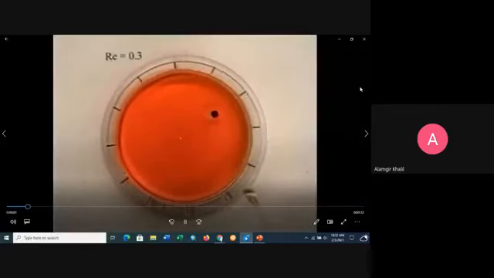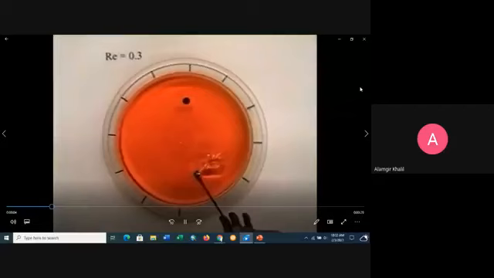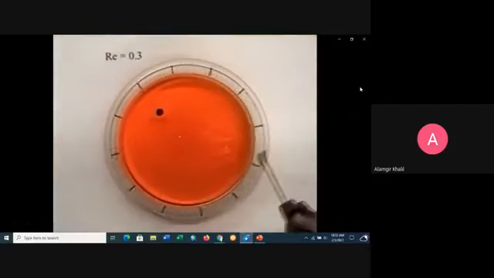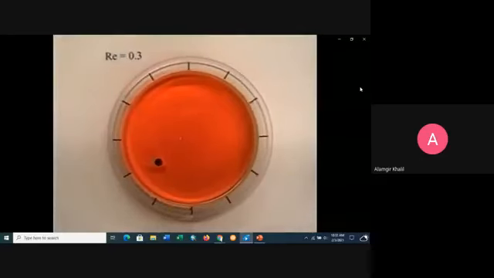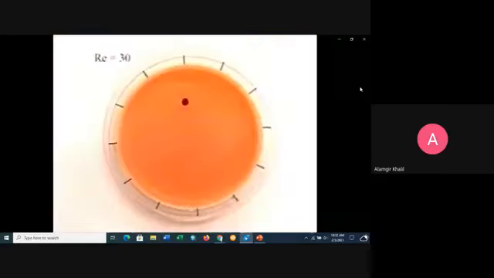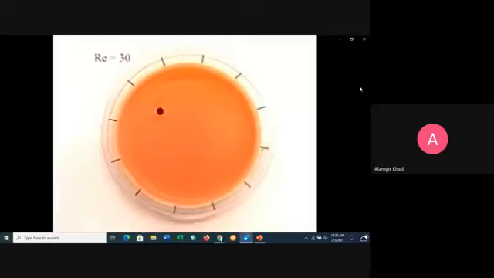Now you see here that we have a fluid and the Reynolds number is 0.3. See the effect here, it immediately stops. Now the Reynolds number is 30.